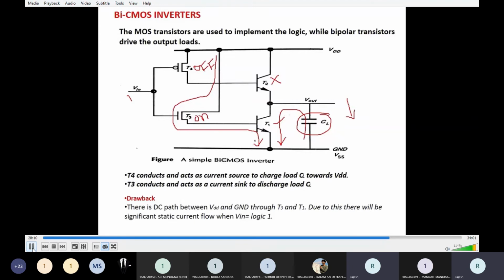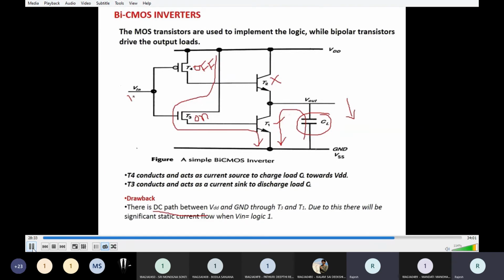Hence, in special cases, we are using this BICMOS technology. So the drawback is, if you observe, there is a DC path between VDD and ground through T3 and T1. Due to this, a significant static current flows when Vin is equal to logic 1.